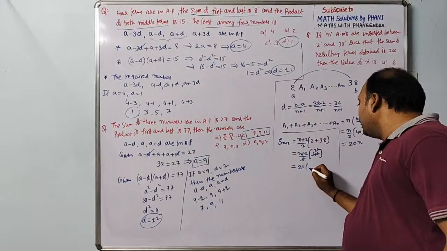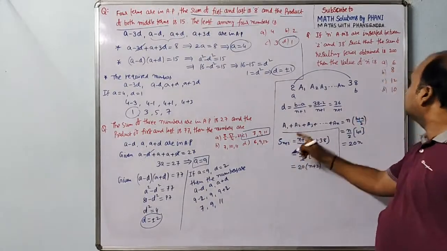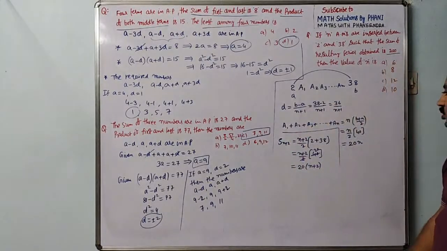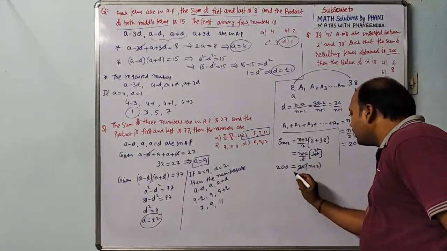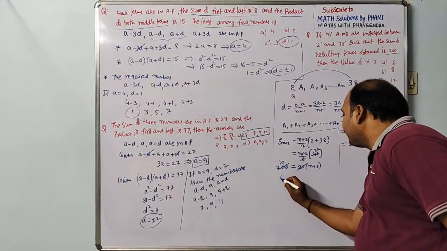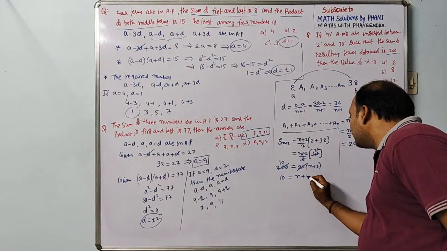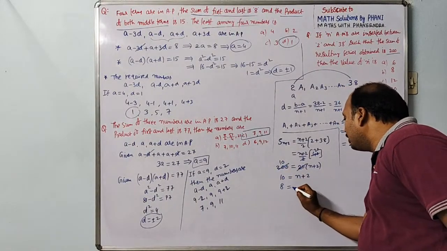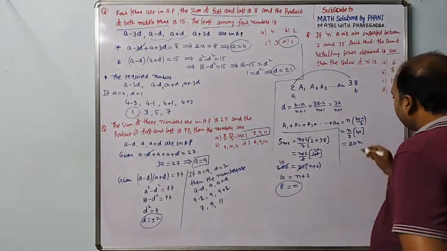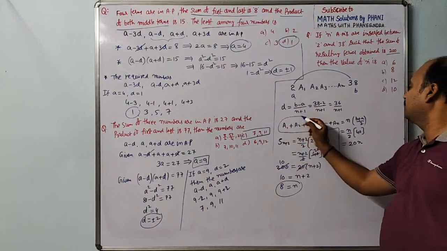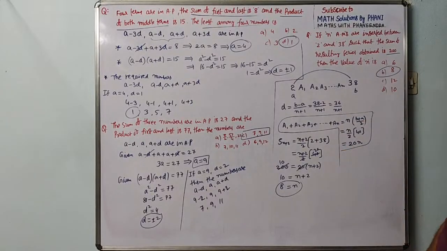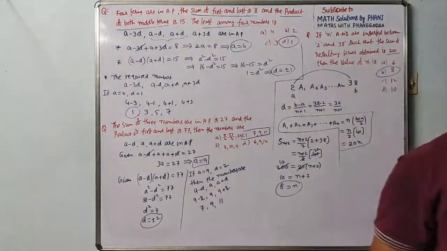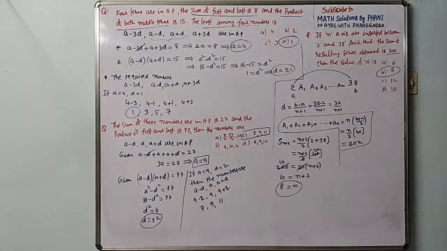So 20 into n plus 2. This result is given how much? It is equal to 200. So 20 ones, 20 tens. 10 is equal to n plus 2. 2 bring this side. 8 equal to n. Therefore, this is not required. So n is equal to 8, dear students. Okay. We'll move on to another set of questions.